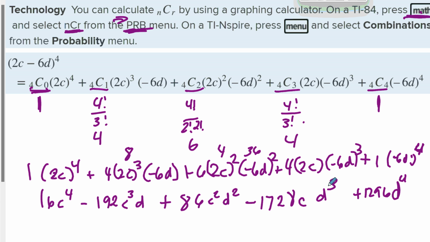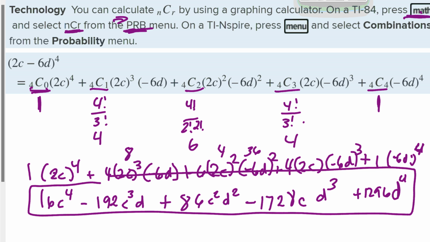So that's our expansion right there. That is our expansion when the coefficients are other than just 1. We're used to c minus d to the fourth. When we have a minus, all you have to do is take the negative and put it on every other term, for the most part.